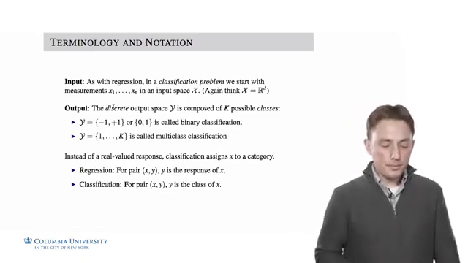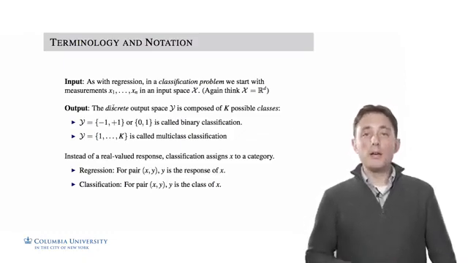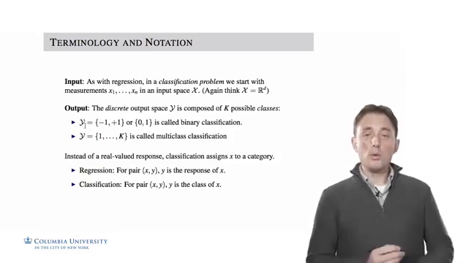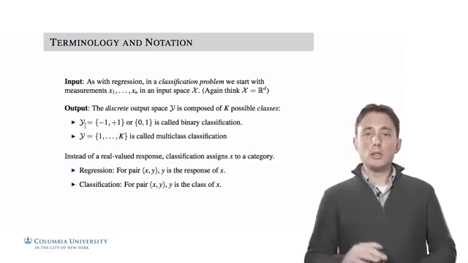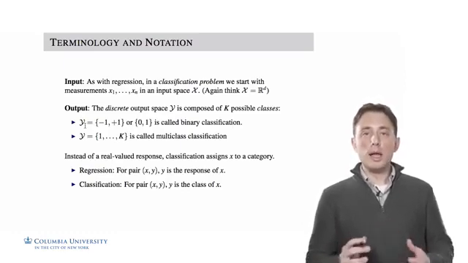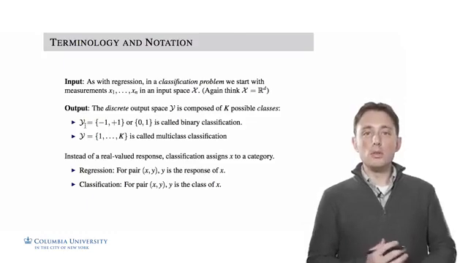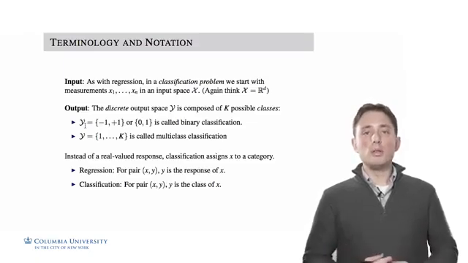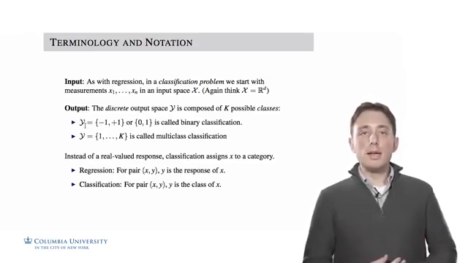So for example, for something called binary classification, we would want to assign an incoming x to a class, either plus or minus 1, or plus 1 or 0, according to which of the two classes that observation belongs to. You can think of spam email as an example. If the input is an email, we would want to classify that email as being either spam or not spam.